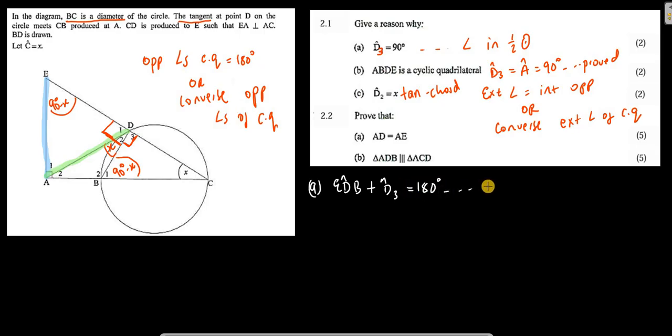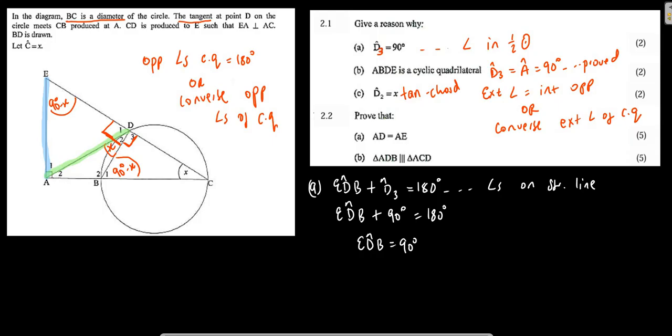Why? Because these are angles on a straight line. So that will mean EDB plus the 90 degrees, because we're already given an angle for D3, so EDB will be equal to 90 degrees.